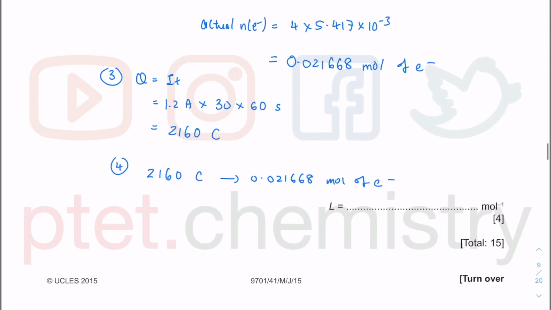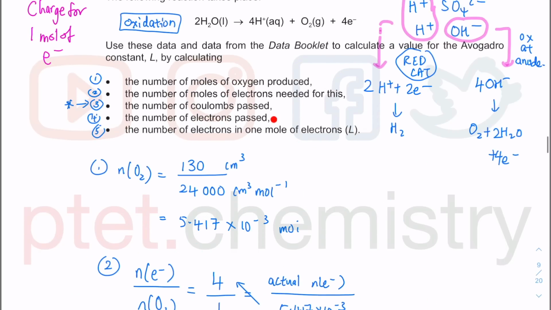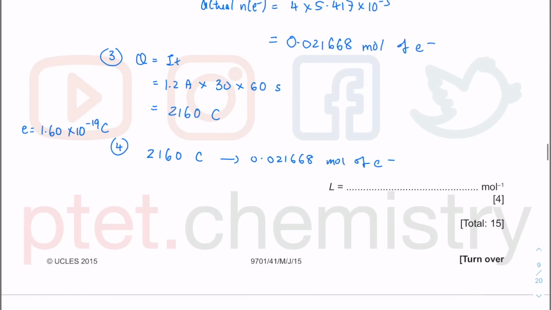We know that the charge of 1 electron stated in the data booklet will be 1.60 times 10 to the minus 19 coulomb.